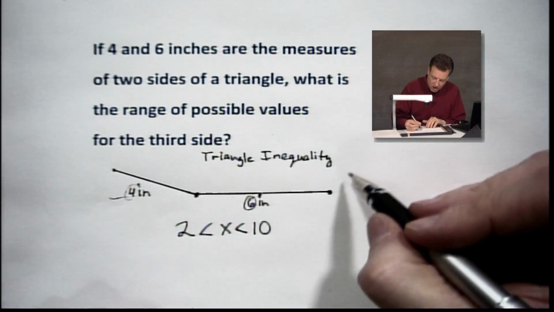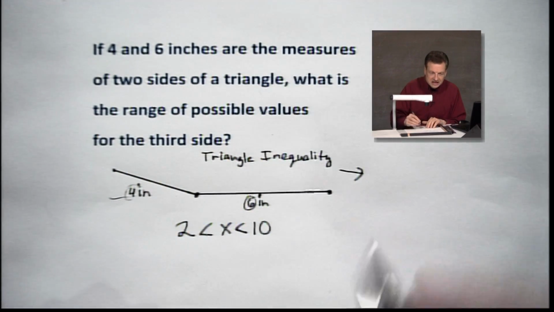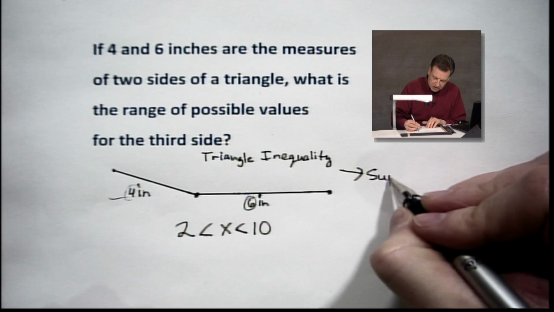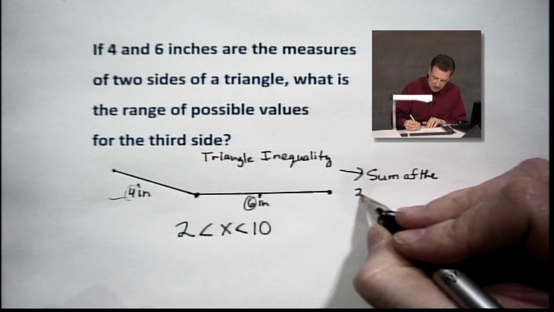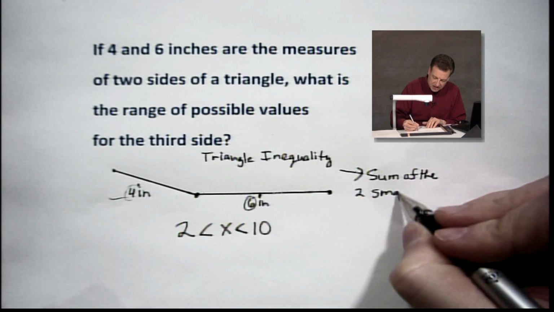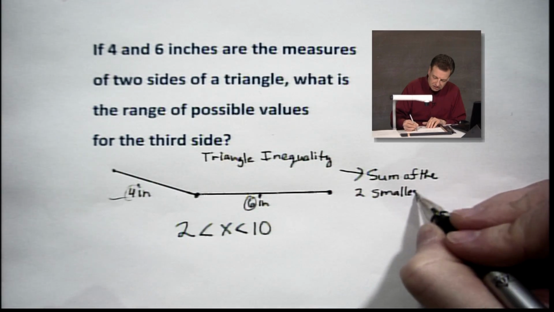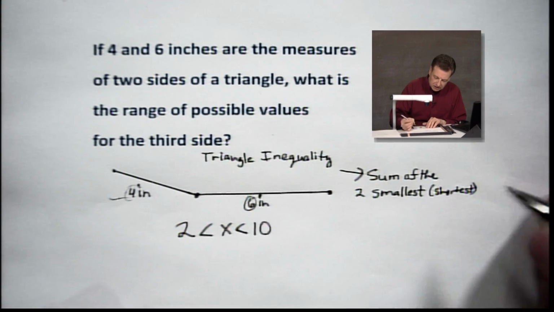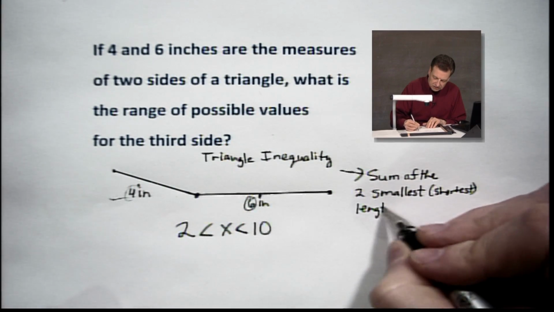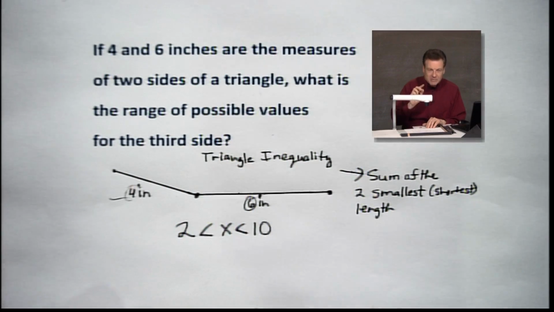But the triangle inequality says, here's the key, the sum of the 2 smallest, or the shortest, we'll say, lengths of a triangle, the sum, that means we add them, right?